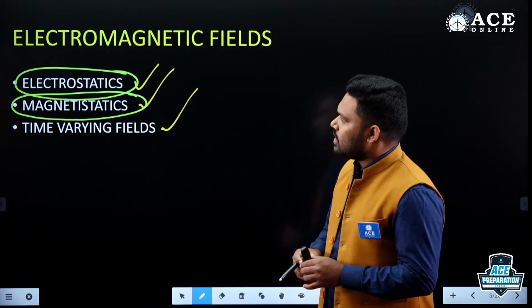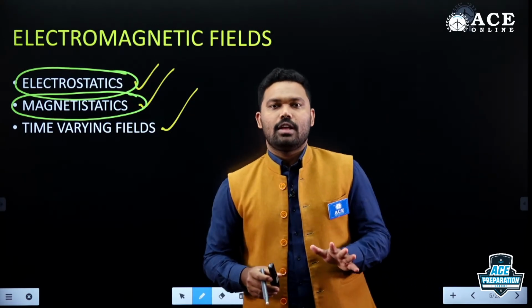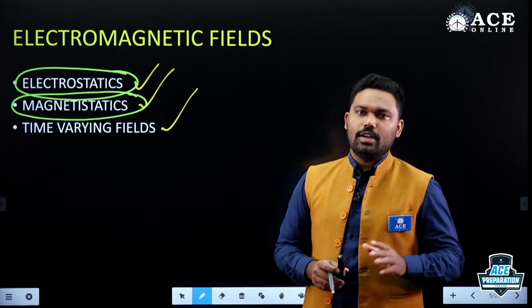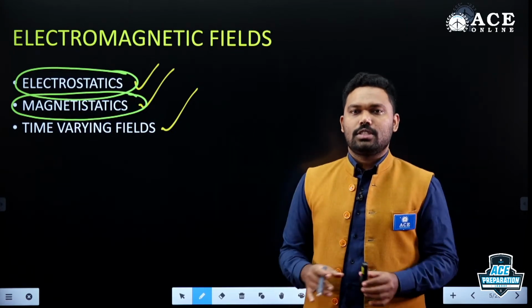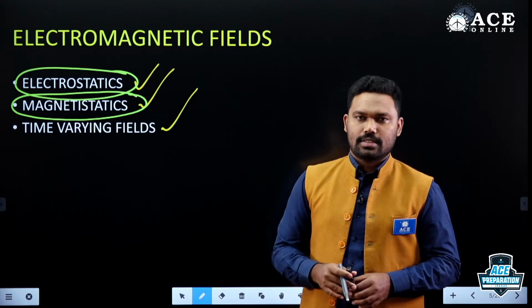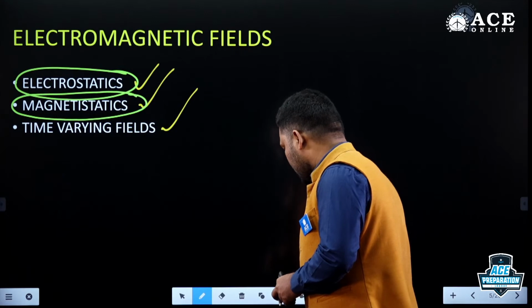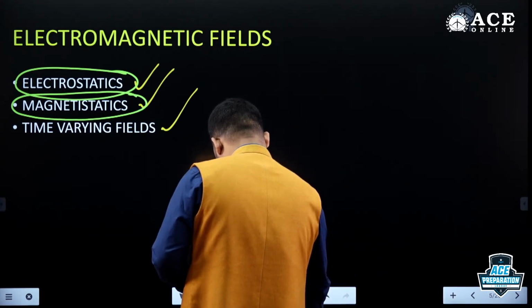In this session we'll discuss a very fundamental law, Coulomb's law, from electrostatics, and define the electric field, and see some questions related to those concepts. We'll do the same in magnetostatics also. Let us start with one topic.